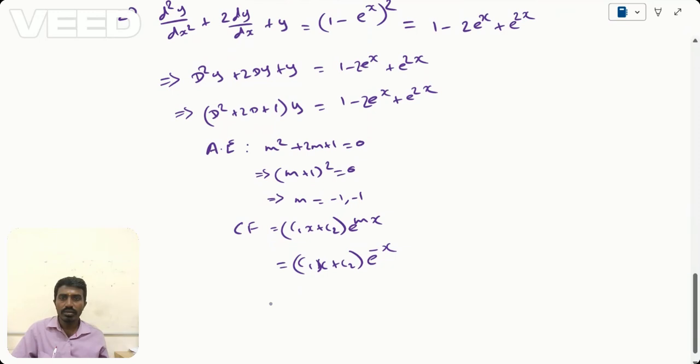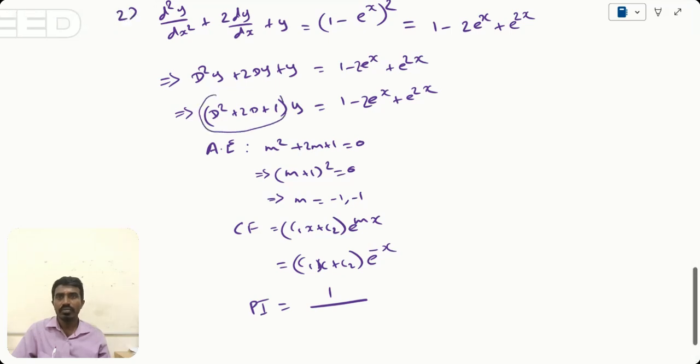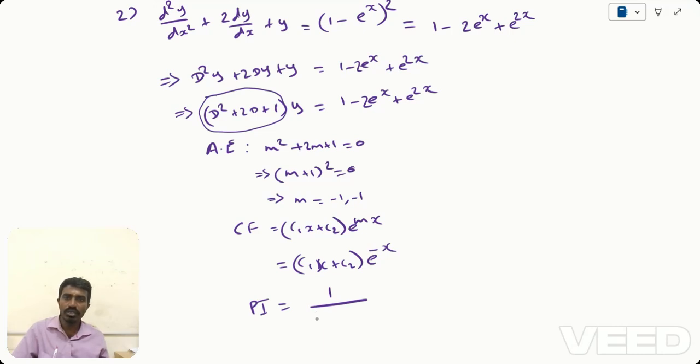PI equal to 1 divided by, write the left hand side of the given equation without y, meaning the function of operator, you should write D square plus 2D plus 1, into, write the right hand side function, 1 minus 2e power x plus e power 2x.